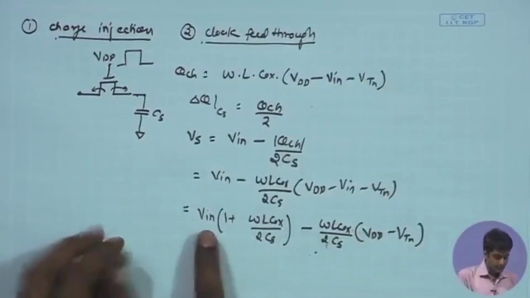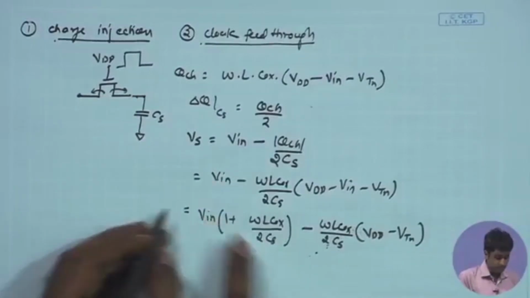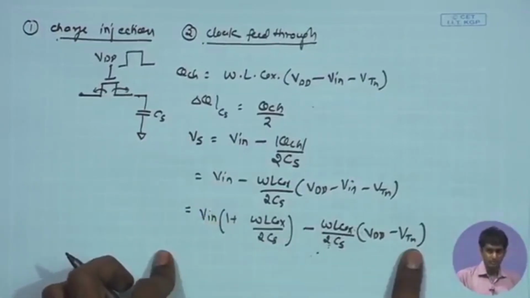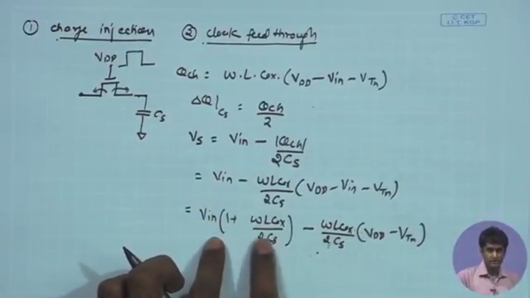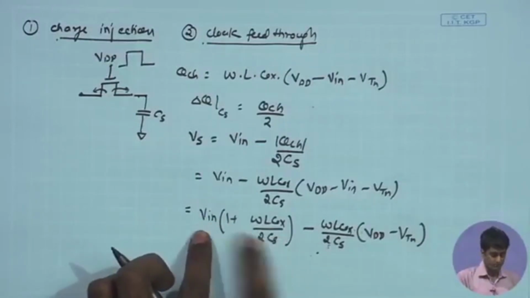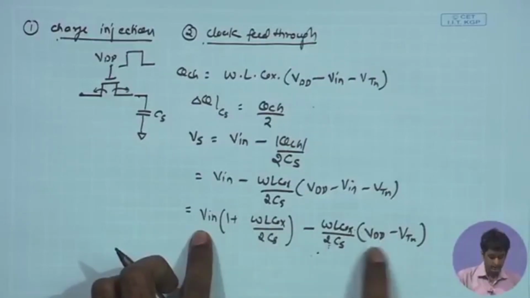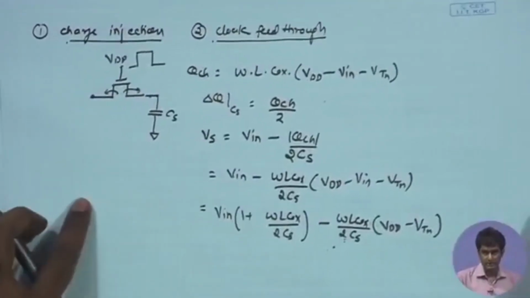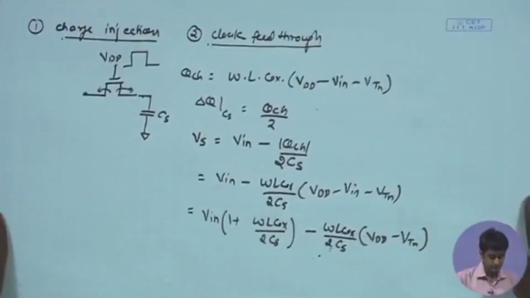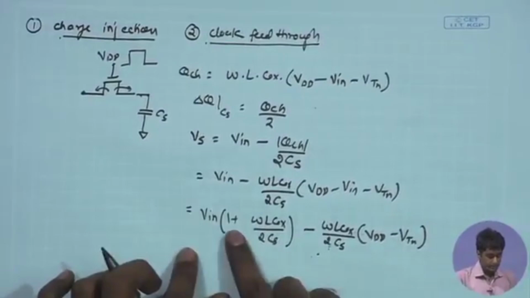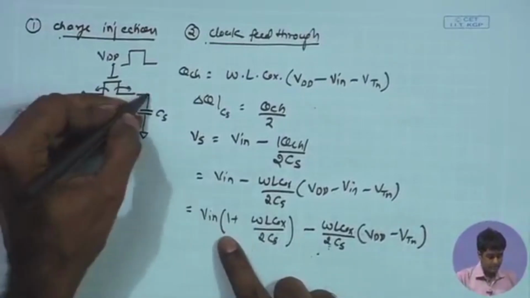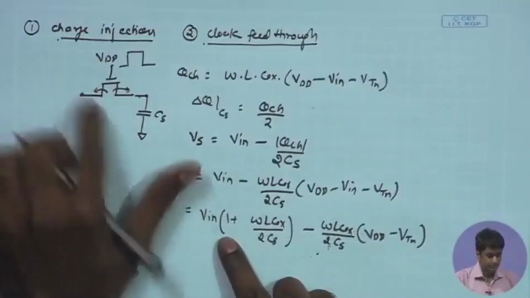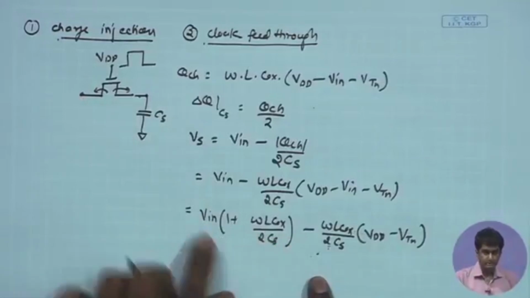So, ideally I would expect Vs equal to V in, but I am getting this whole term where I have, first of all, a non-zero gain factor, V in times this gain factor which is greater than unity, and then I have some offset term which looks independent of the signal to the first order, and definitely that would mean that I am having some corruption in the signal as compared to the sampled signal, my data is slightly different.